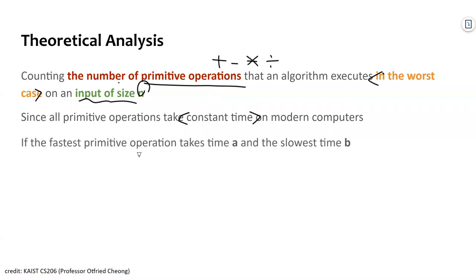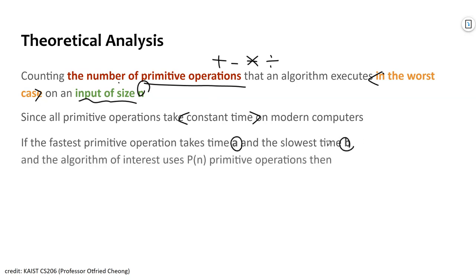If the fastest primitive operation takes time A and the slowest takes time B, and the algorithm of interest uses P(n) primitive operations, then the total number of operations is bounded by B times P(n) and A times P(n).